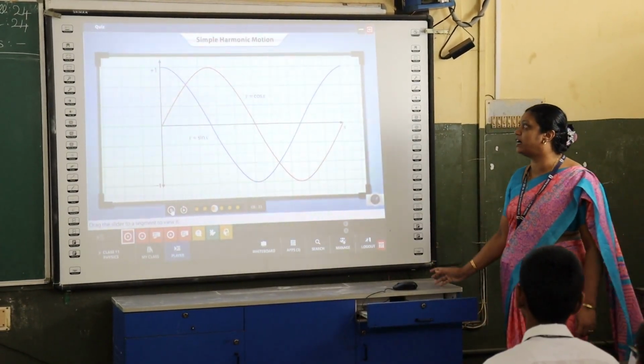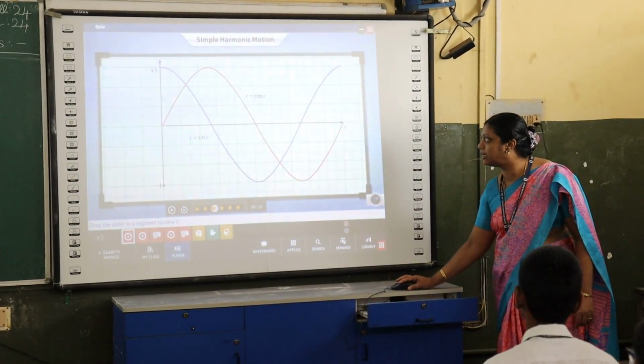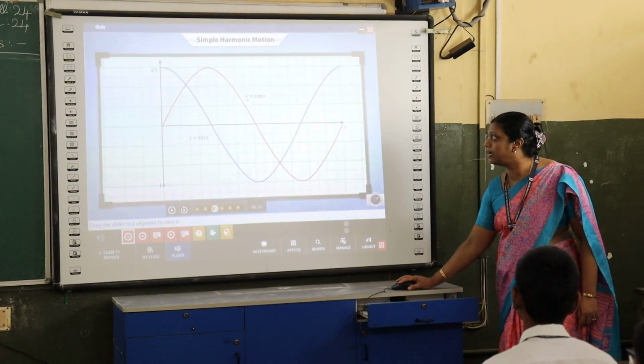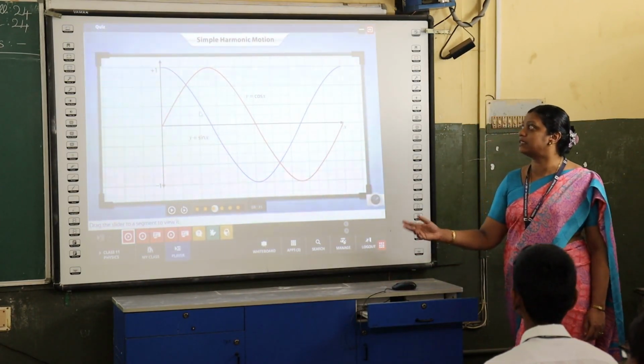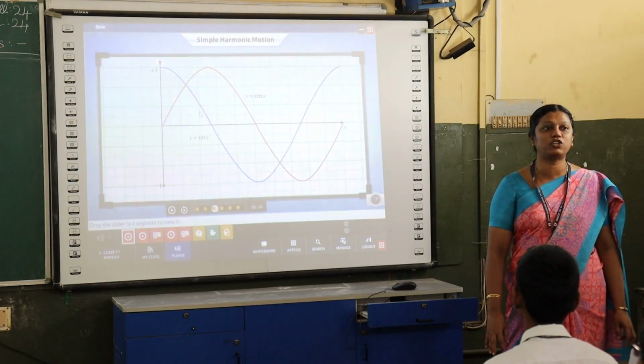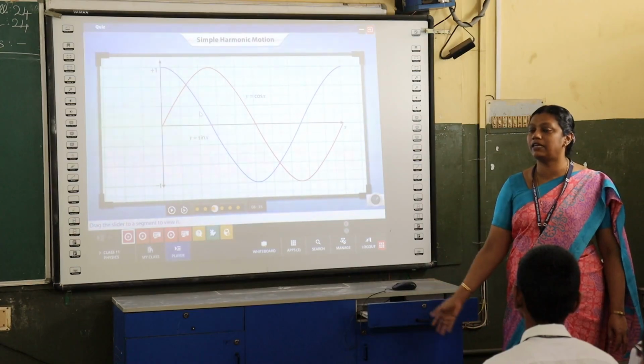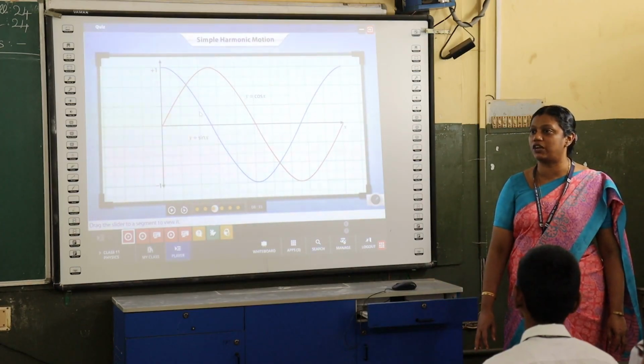See the graph given here. Here you can see the red color graph. This is a sine wave and this is a cosine wave. This is the graph representing the variation of displacement of the particle with respect to time. So it can be represented as either a sinusoidal function or a cosine function with respect to time.